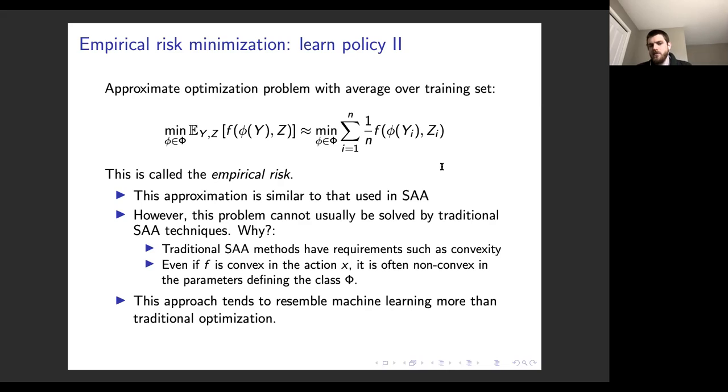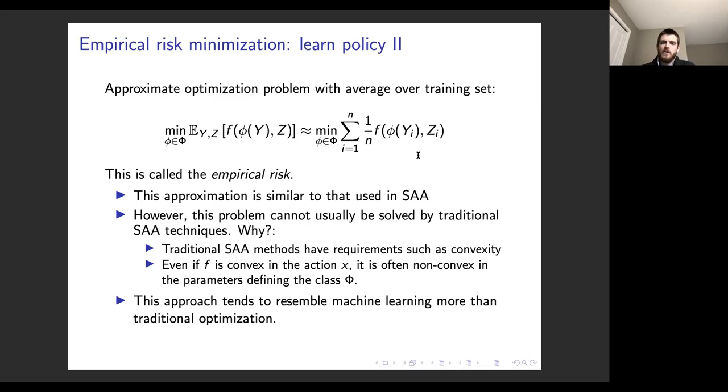However, this problem usually can't be solved by a lot of the traditional sample average approximation literature. The reason is that these techniques usually have requirements such as convexity of both the feasible region and the objective.